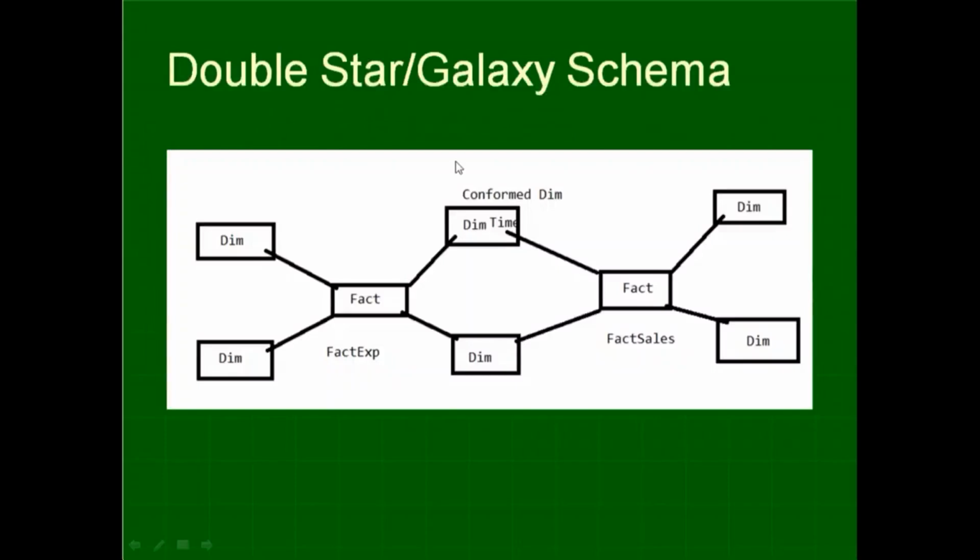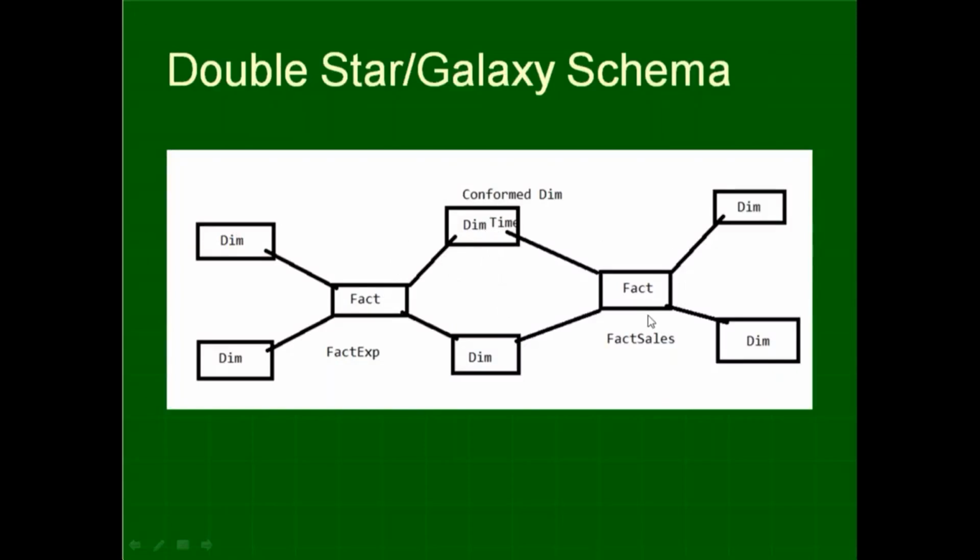For example, I'm using a dim timetable. It is linked to fact table, fact expenses. The same table is linked to fact sales. So whether I'm using it here or here, if I say year, it means year number. If I say semester number here, it is the same thing. If I say day number, this also has the same meaning here.